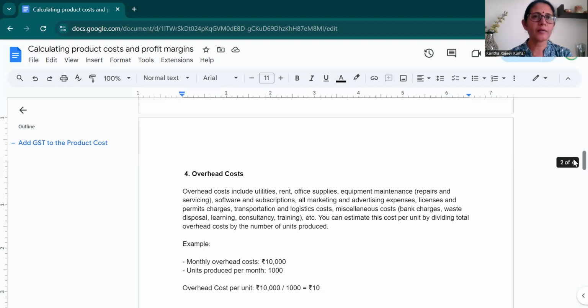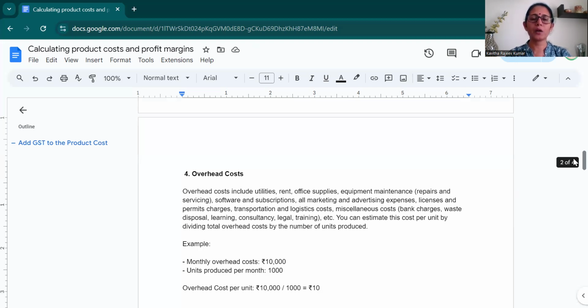In consultancy services or legal services that you are availing, I'll put legal also here, all that come under overhead cost. So you calculate what all overhead cost you incurred in one particular month and the number of units produced per month, and divide the monthly overhead cost by the units produced per month.